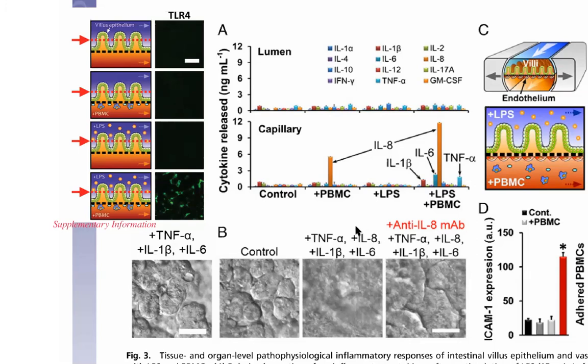But when they add the IL-8 cytokine into the channel, the villi structure was totally damaged. And when they add the anti-IL-8 antibody to neutralize the function of the IL-8, the villi structure was basically the same as the control group. So this means that the IL-8 plays a key role in the inflammation happening.